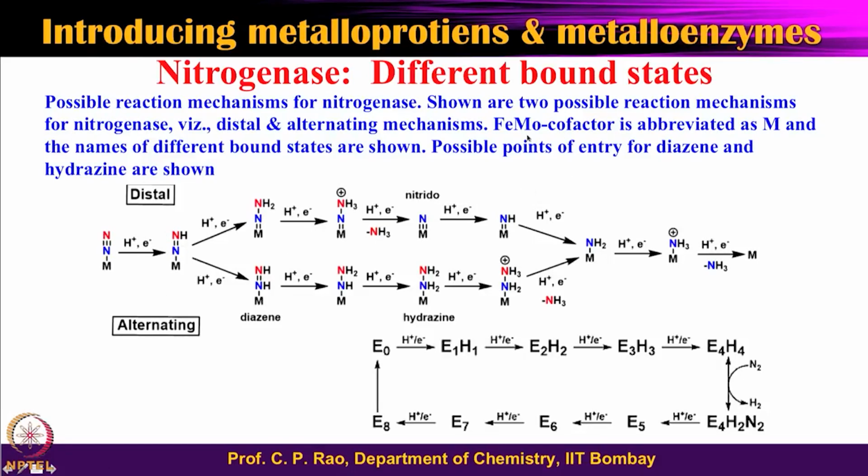Now, take the whole enzyme, the whole FeMo cofactor, as M. One can also assume this M is a molybdenum center; either way is all right. Now, to this you add nitrogen, N2.